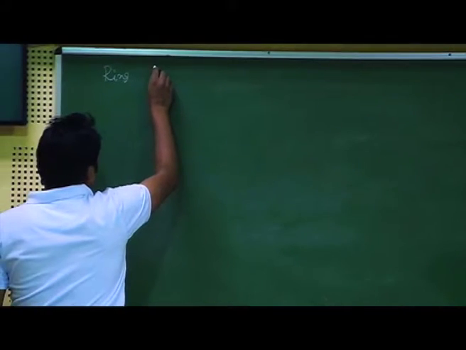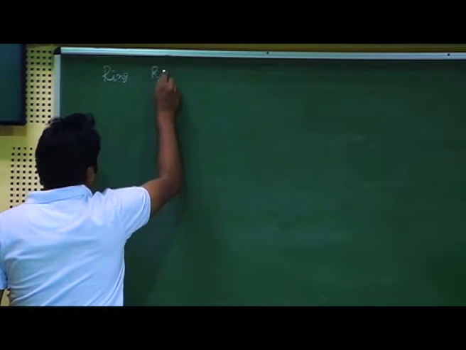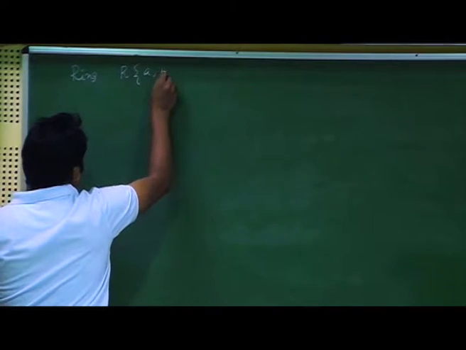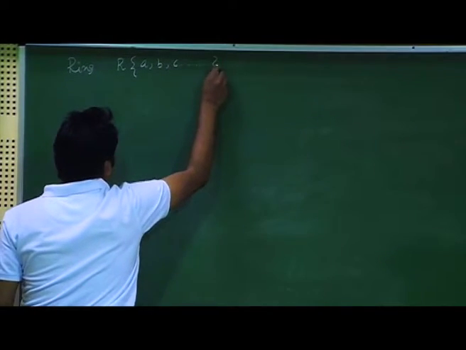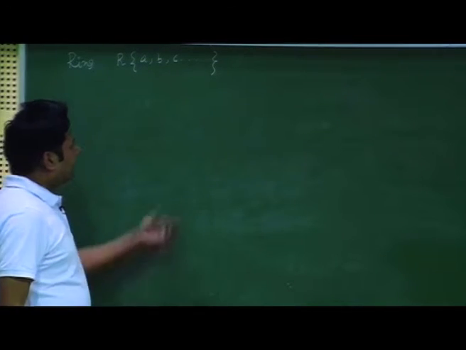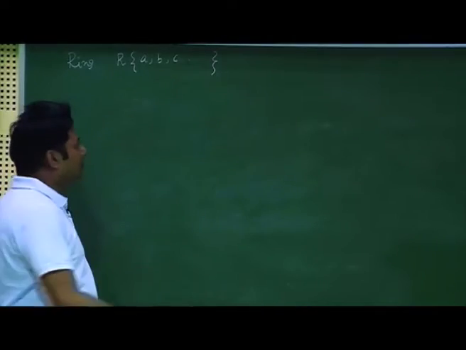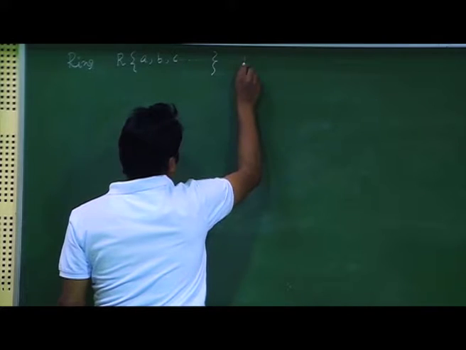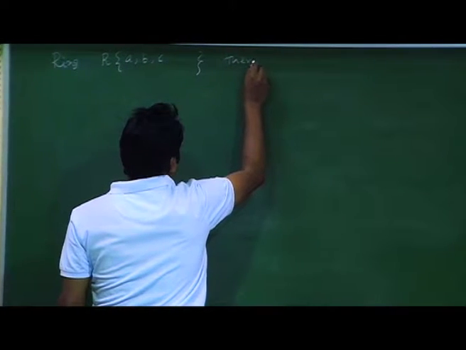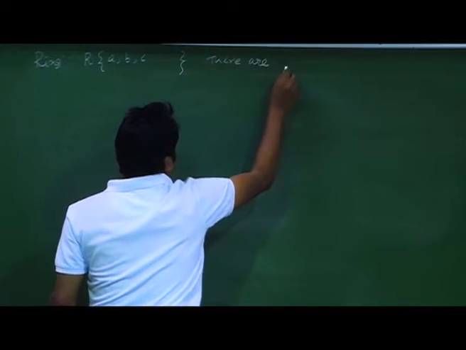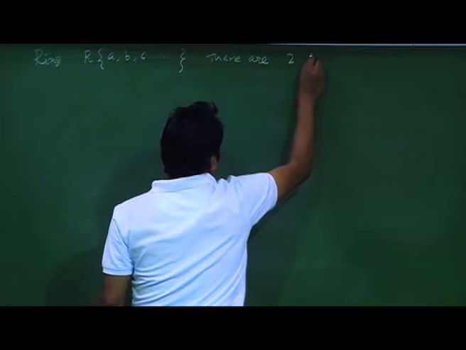So let me first say R is a set of elements A, B, C and all these things, and here instead of one binary operation we should have two binary operations.